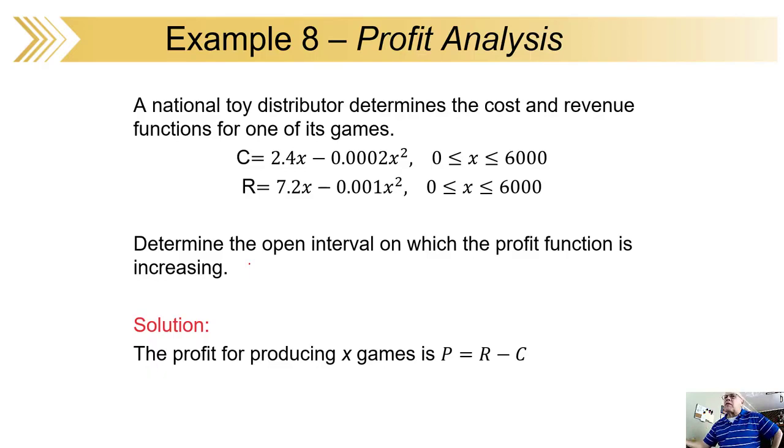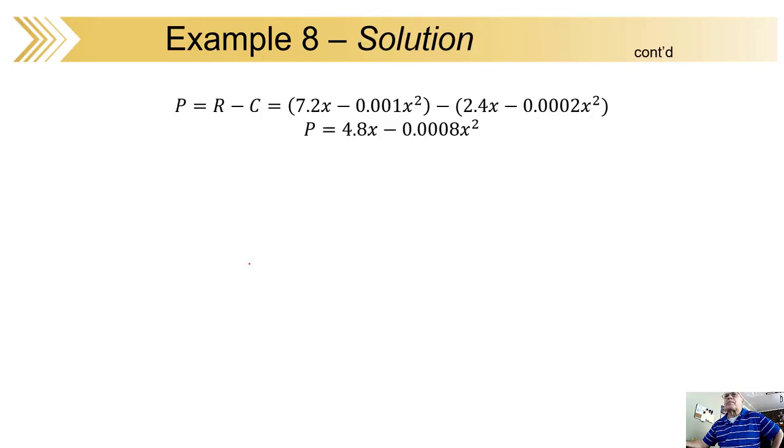The profit function is profit equals revenue minus cost. That's something you need to keep in mind all the time, or derive it each time. You've got the cost and the revenue functions, so just put those into R and C. There's your profit function.